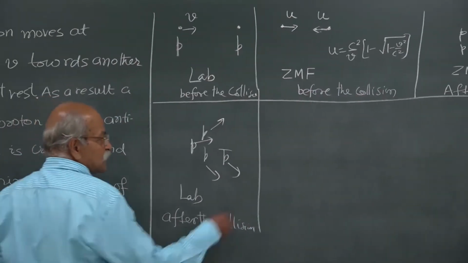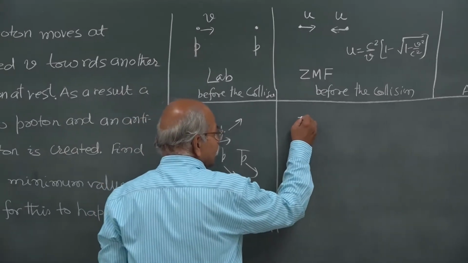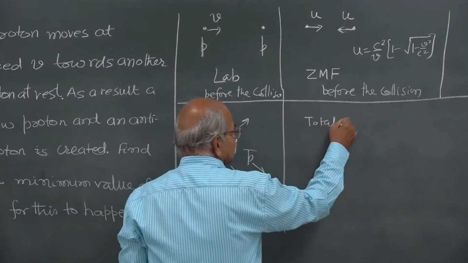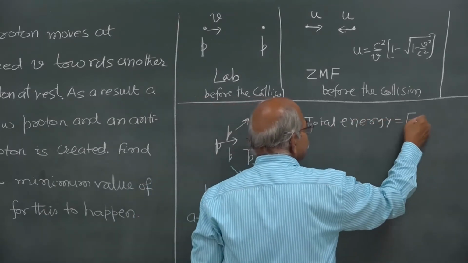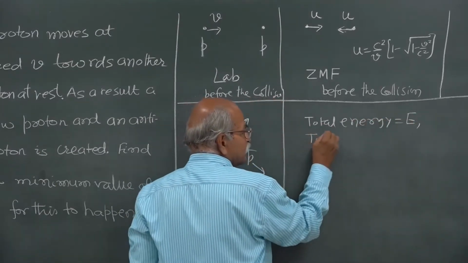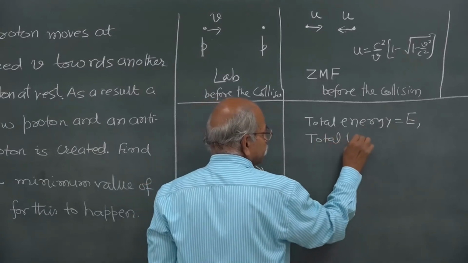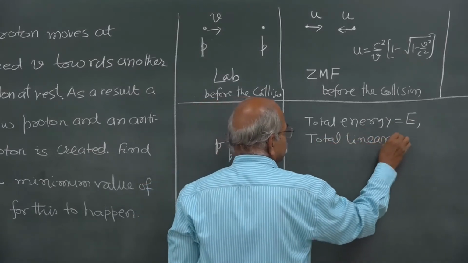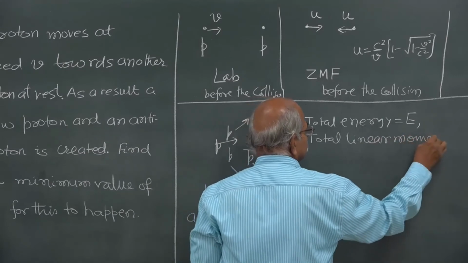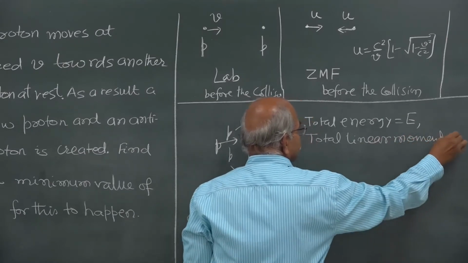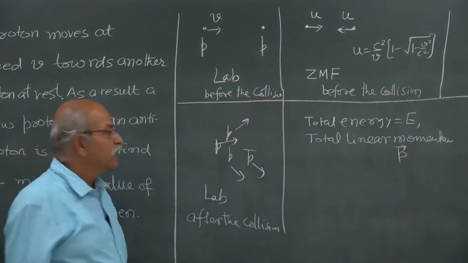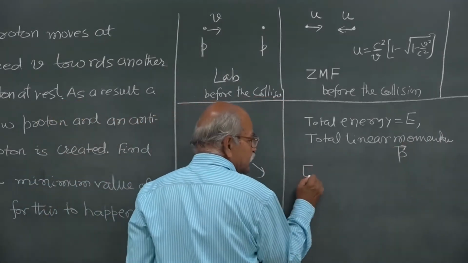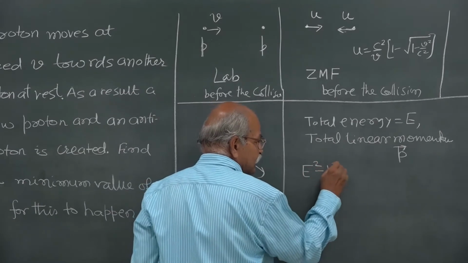Now, think of this quantity: the total energy of the 2 particles is E, and the total linear momentum is P. And think of this quantity E square minus P square c square.